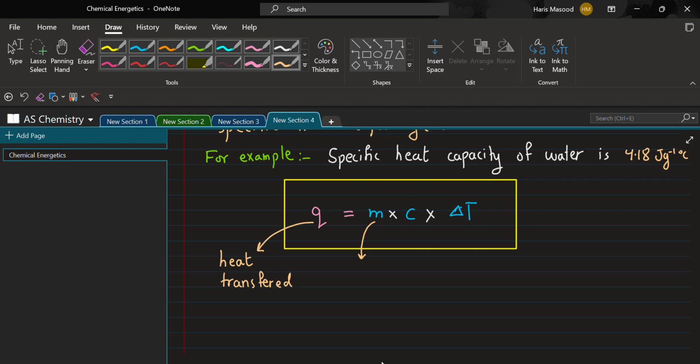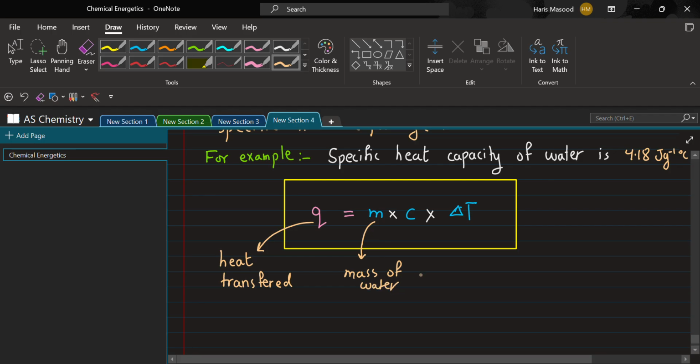Okay, so C is specific heat capacity, and delta T is change in temperature.